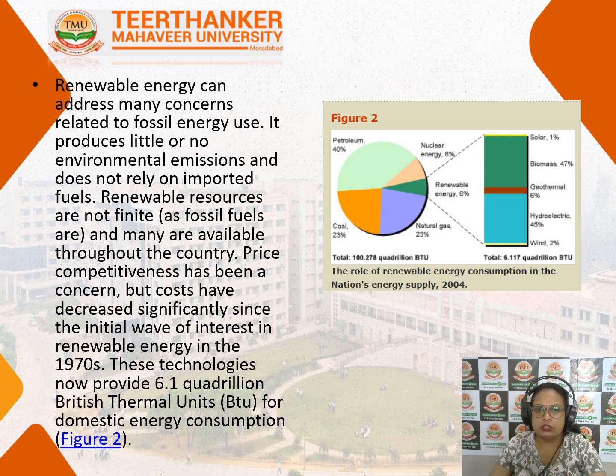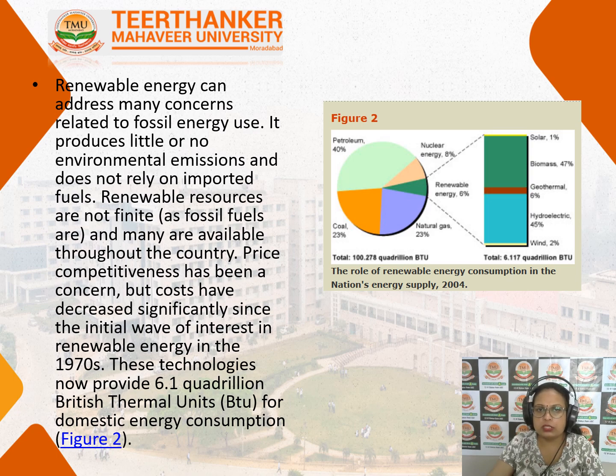Now this is how in 2004 the non-renewable energy consumption was there in Britain. They have shown that 40% of energy was taken from the petroleum industry, nuclear energy 8%, natural gas 23%, and coal 23%. Only 8% comes from renewable energy.